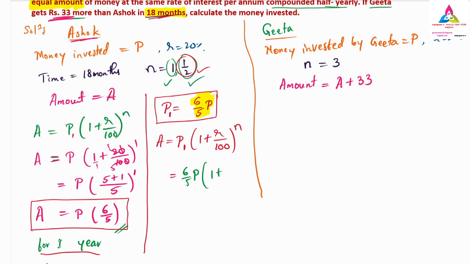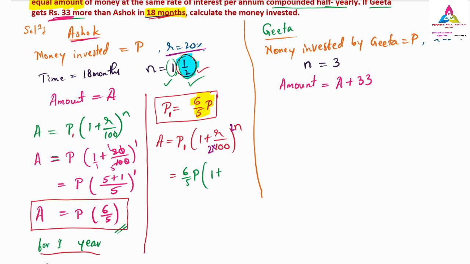Here it is half yearly, not full yearly. Half yearly means the formula will change: it will become 2n, and R will be divided by 2, because for 1 year it is 20% rate of interest, but it is for half a year. So the 2 remains over here, that is most important.